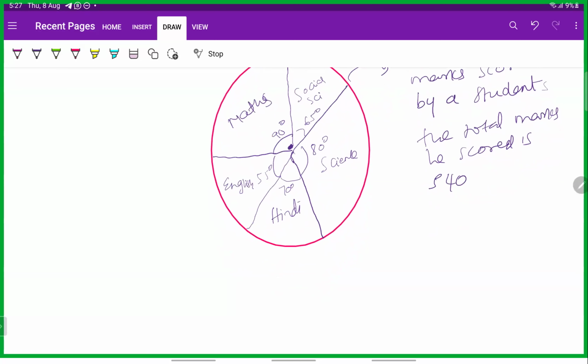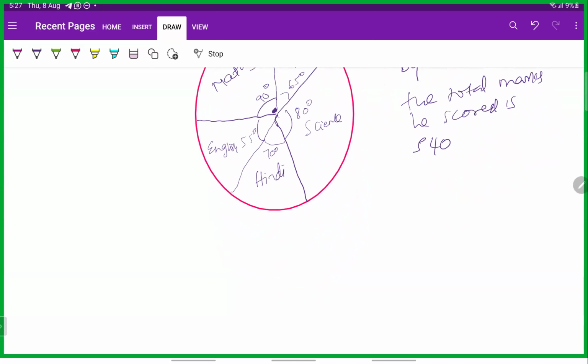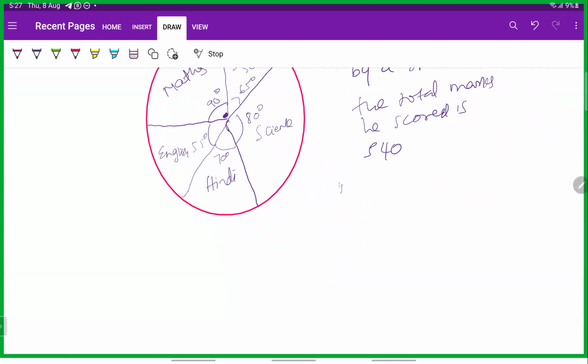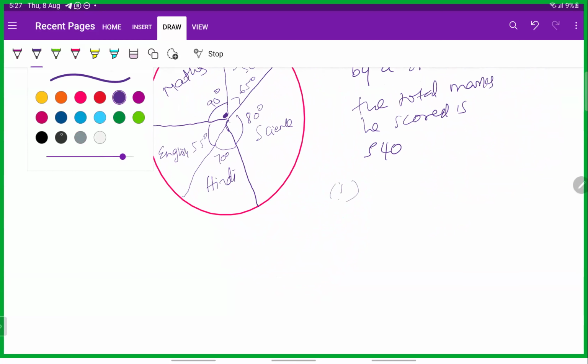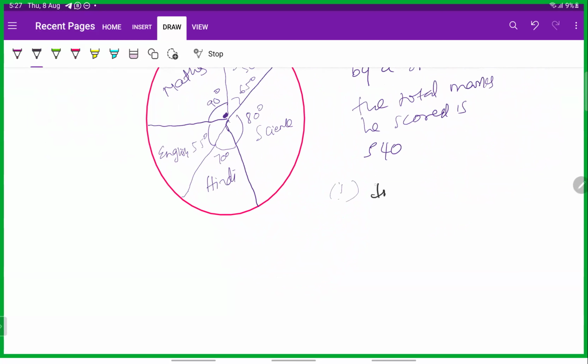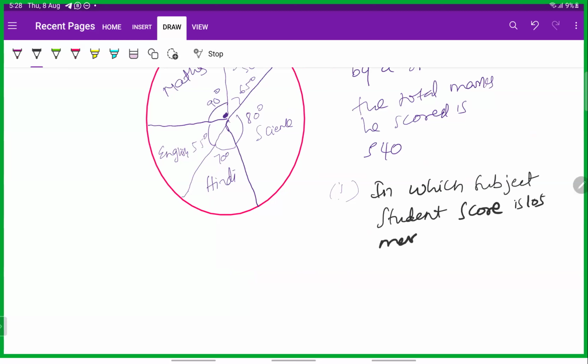Okay. In which subject did the student score 105 marks? First question is. In which subject is the student's score 105 marks? So how will you do this?